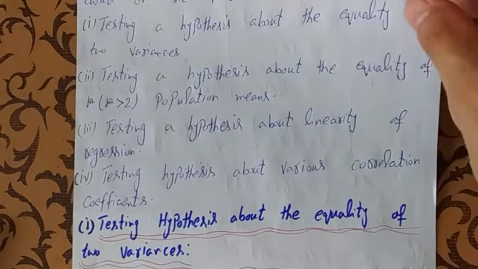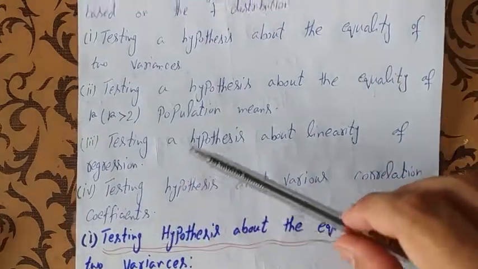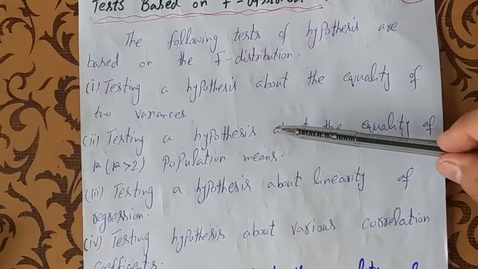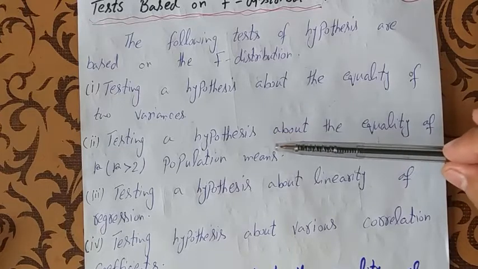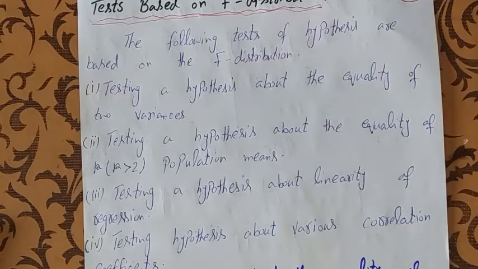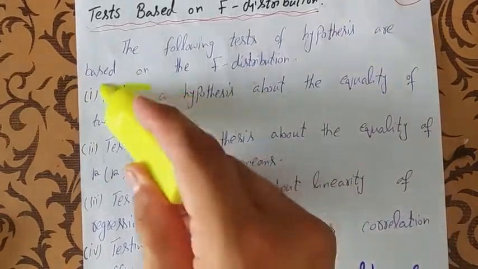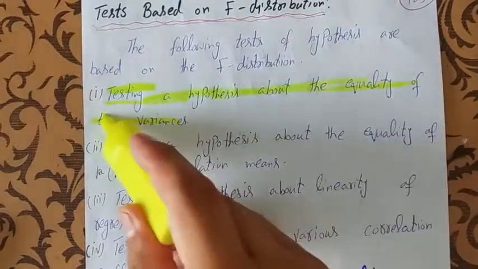And fourth, testing a hypothesis about the correlation coefficient. Students, these four categories are the types of the F distribution test. In our syllabus we discuss only the first category, testing a hypothesis about the equality of two variances.